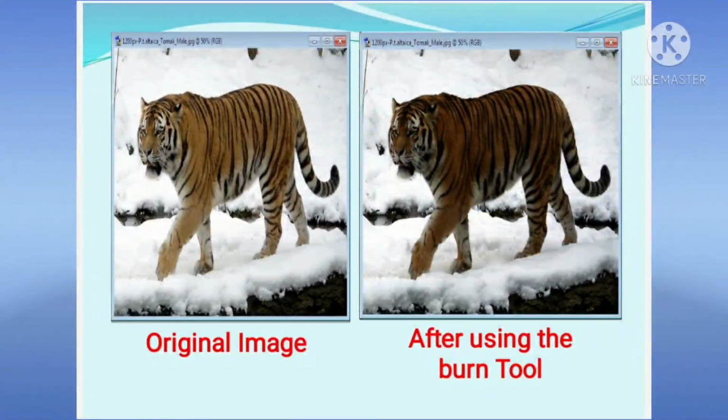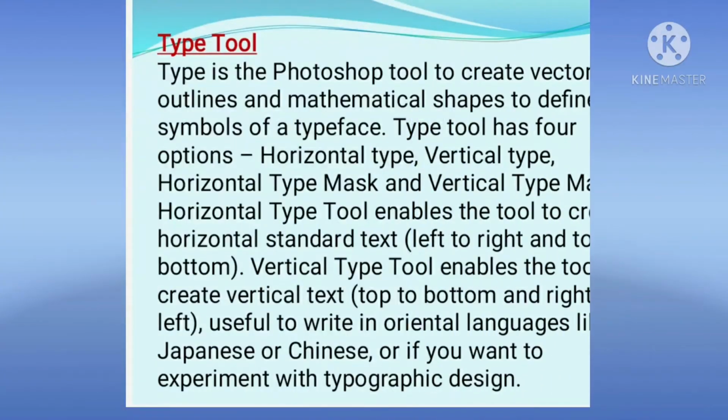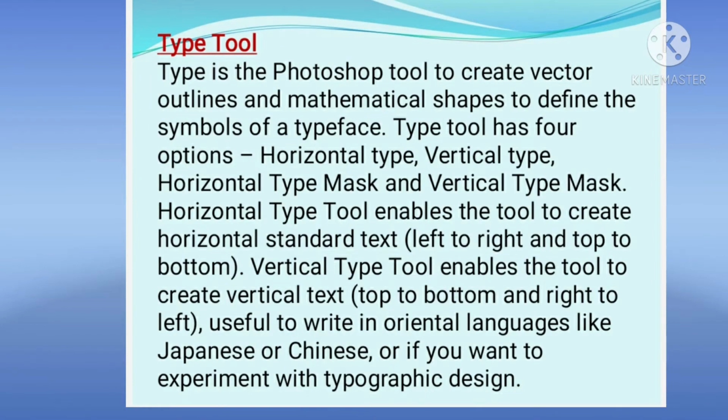Here in this image, on the left hand side, we can see the original image, and on the right hand side, we can see the image after using the burn tool, which can be seen darker than the image on the left hand side.